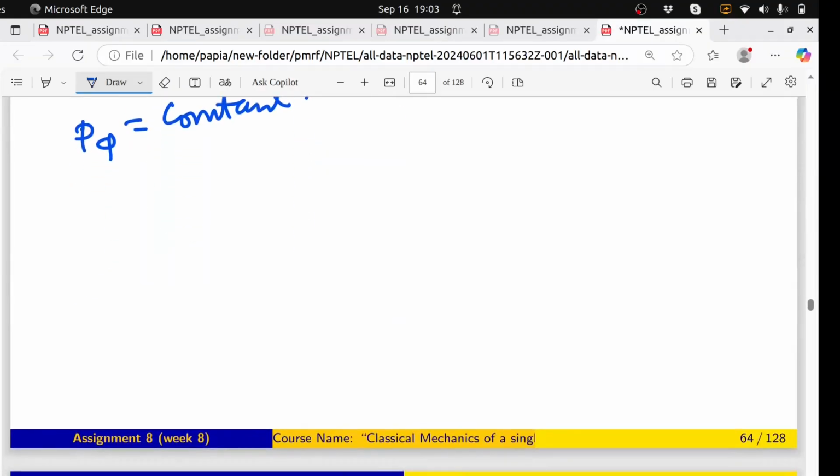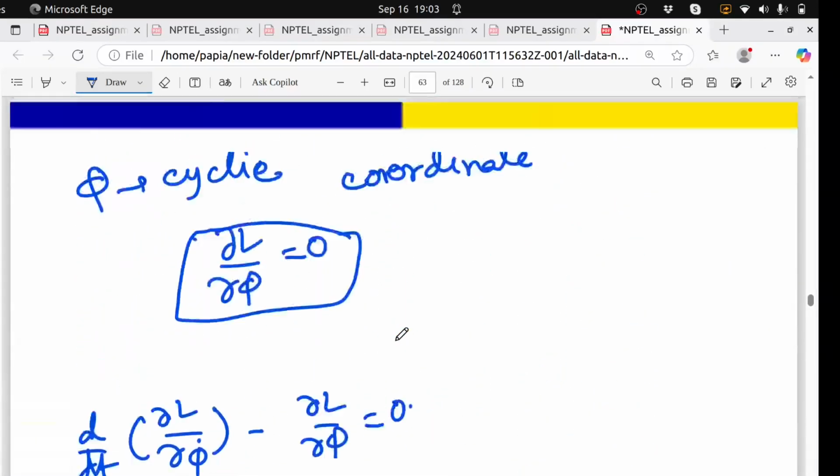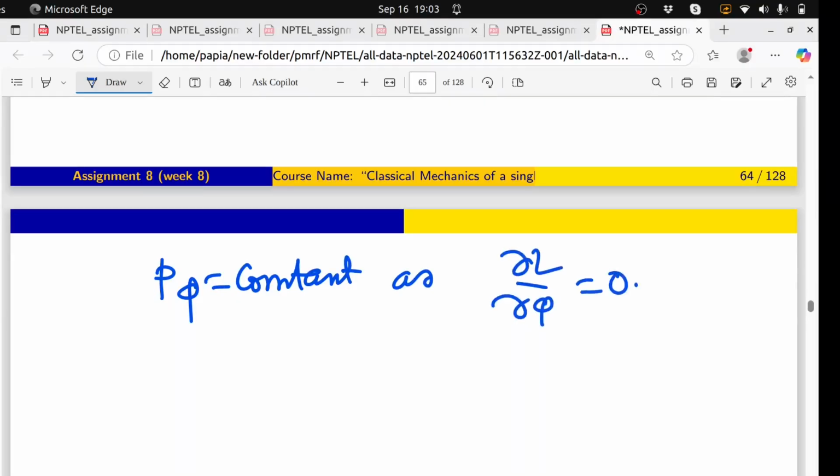And what is p phi? P phi is angular momentum about the z-axis, where we are taking r, theta, phi. So we can say that our p phi is constant as del L del phi equals 0.